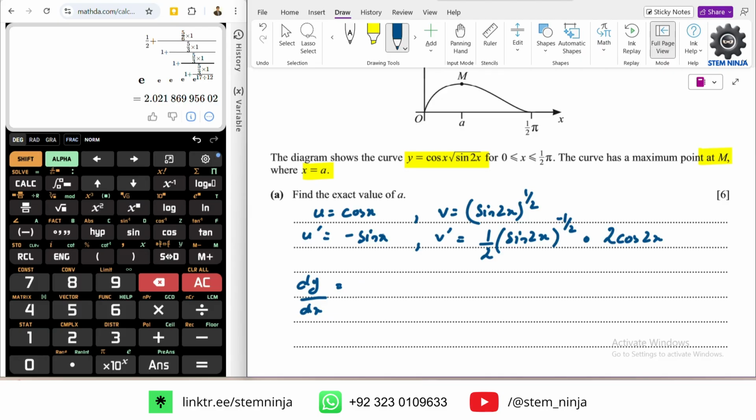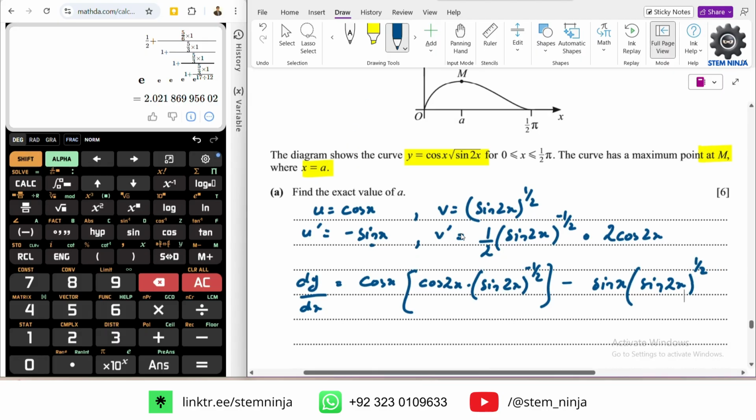So cos of x times cos of 2x times sine 2x to the power of minus 1 over 2, minus sine of x times sine of 2x to the power of 1 over 2.